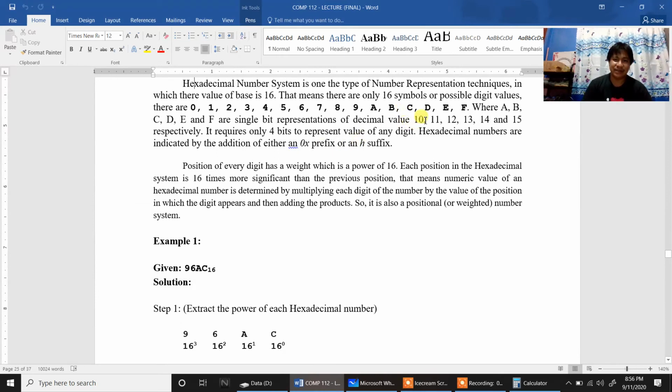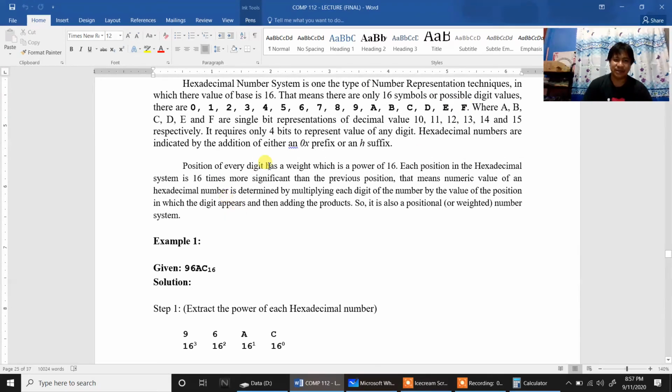So those are their placement values: 10, 11, 12 up to 15. So if you count from 0 up to F, that is 16.